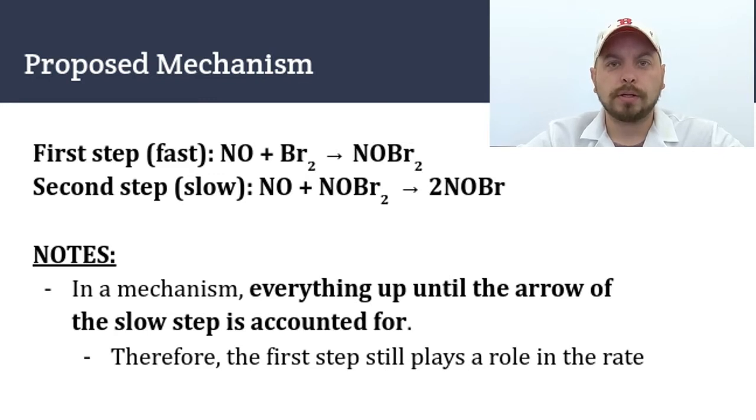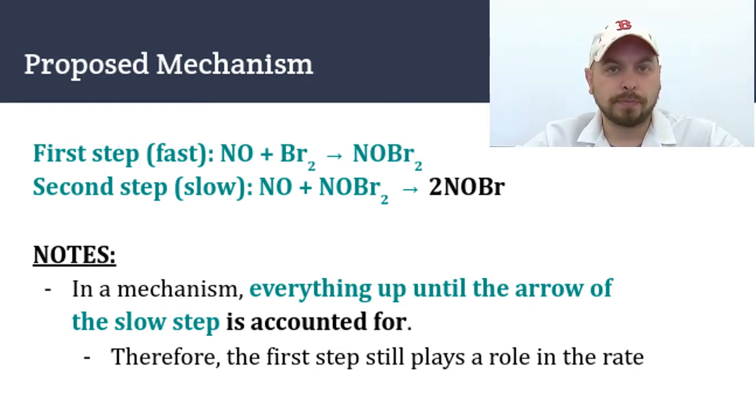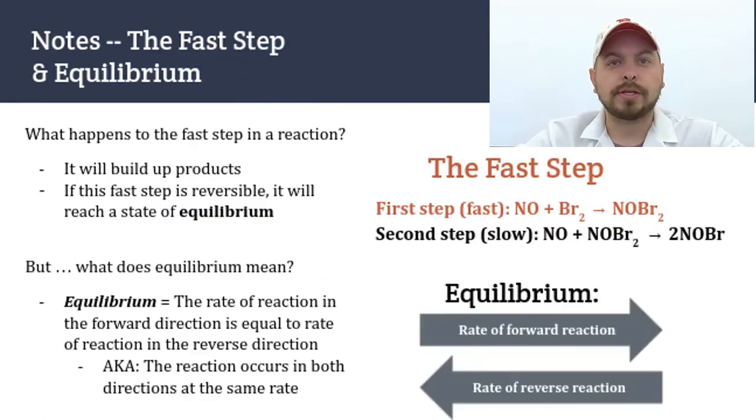Well, the first thing we need to do is understand that in any mechanism, we have to account for everything up until the arrow of the slow step. That means the first step does play a role in the rate, but it's fast, and the second one is slower. So what ends up happening is over time, the first step is going to happen faster and start building up products.